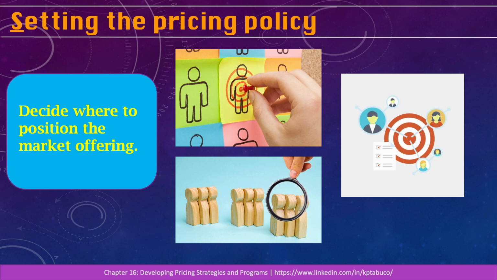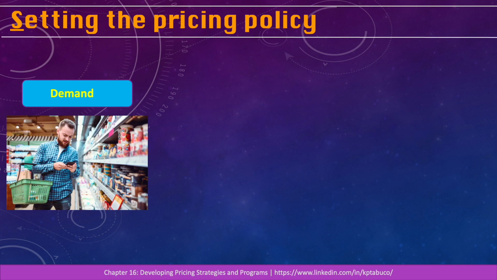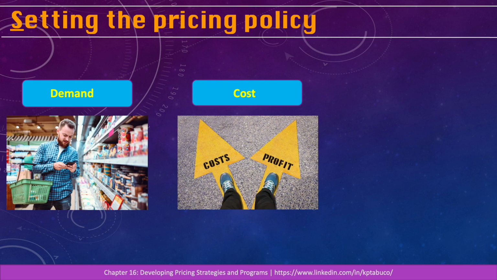The demand sensitivity towards any changes in price of this chosen target market must be evaluated. While demand sets the ceiling price, cost sets the floor price. Thus, we need to determine how much it costs to produce, distribute, and sell our product.